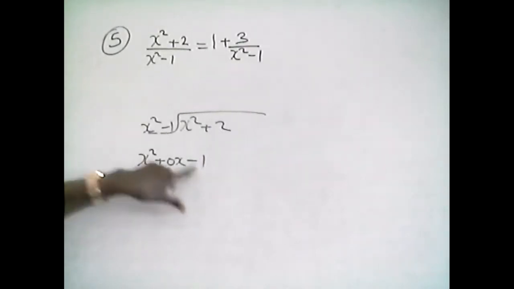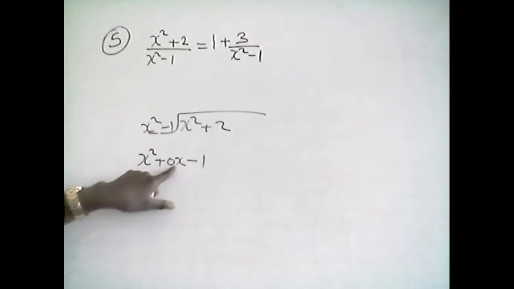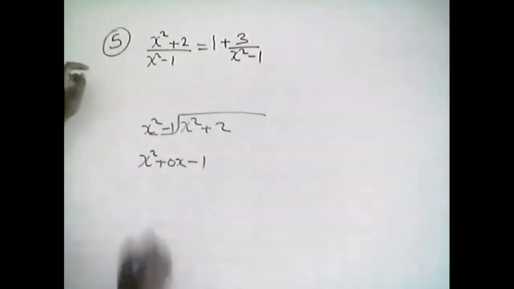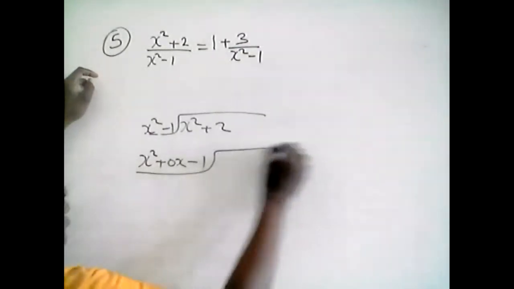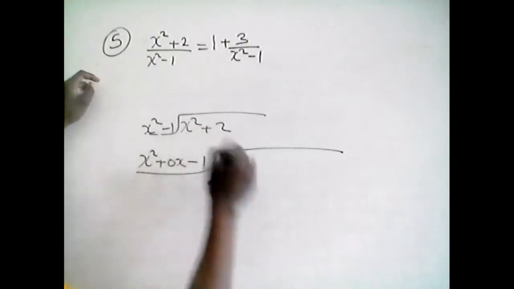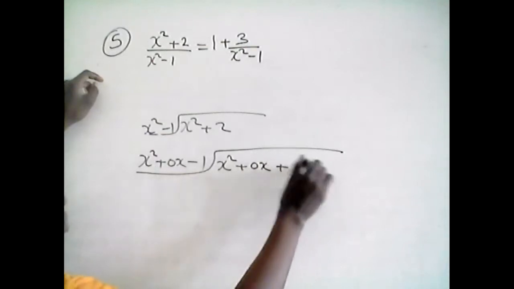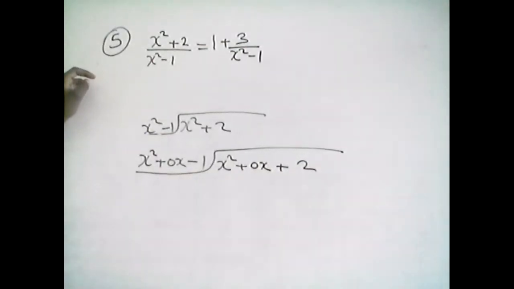So this part here is the same as what is there on top. This 0x won't change anything, so it will just be x squared minus 1. Then divide by, we come here, we have x squared. In between here, it's supposed to have plus 0x plus 2, like that. Then we start the process.